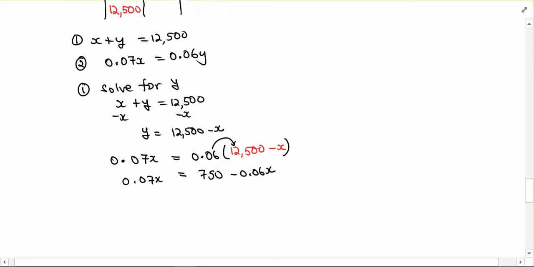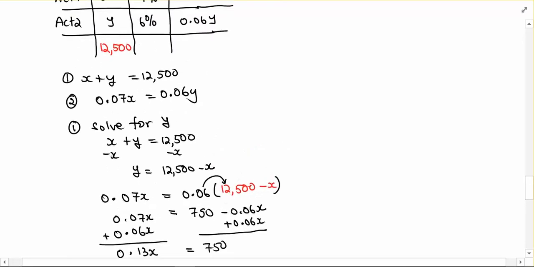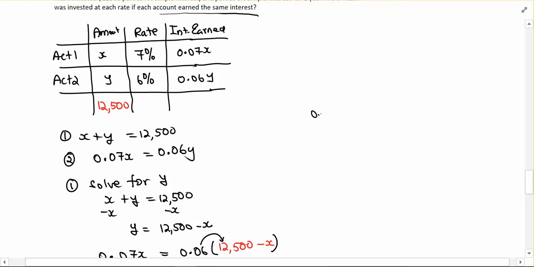0.07x, and so I can add 0.06x to both sides. And I get 0.13x equals 750. So 0.13x is equal to 750.